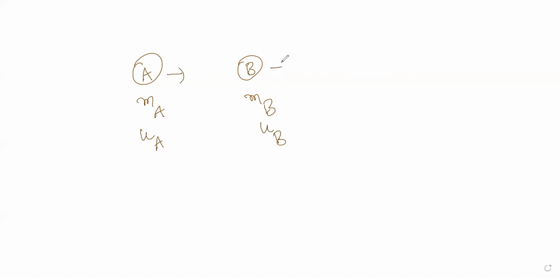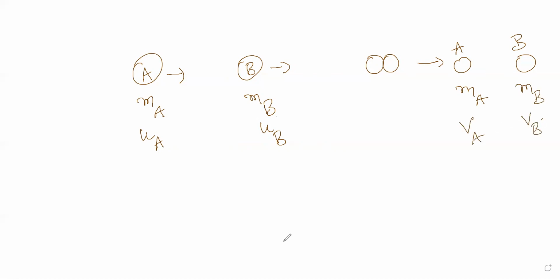You can think of any way they are colliding with each other, in different directions, and that is before collision. After they collide with each other, they separate out. Once they separate out, ma and mb will have the final velocities va and vb.